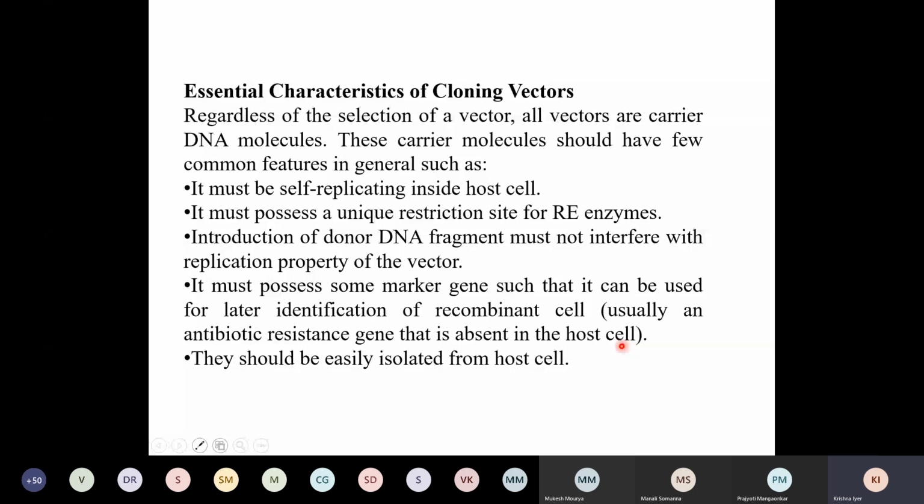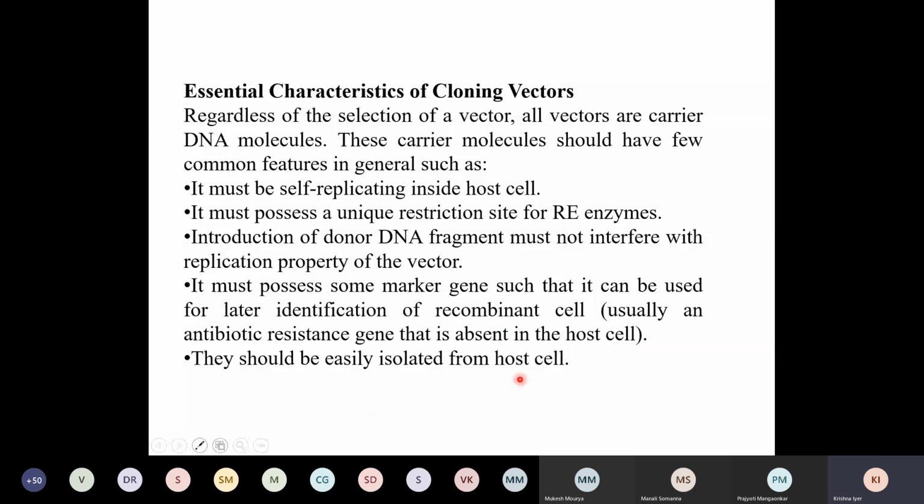Let us say I have a plasmid which allows resistance to an antibiotic like penicillin. A normal bacteria, when exposed to penicillin, might die, but if I put this plasmid in it, then that bacteria will survive, and that will tell me that the bacteria is carrying the plasmid because it is now not able to be killed by penicillin.